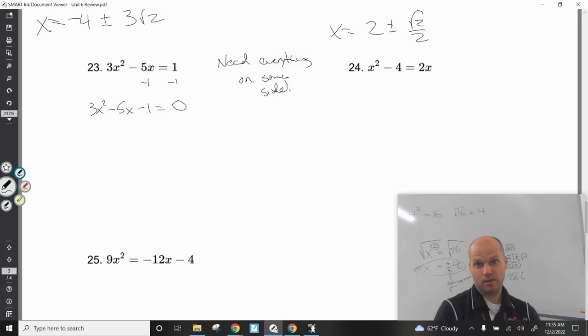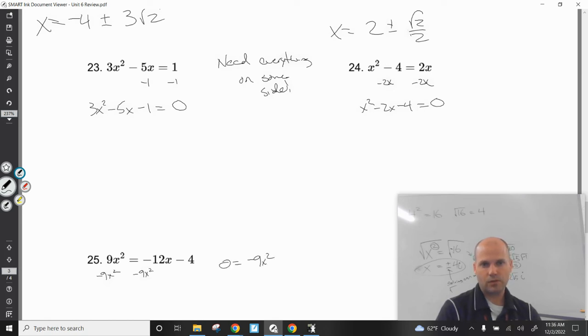It doesn't matter. Okay? Here, what would I do? I'd subtract the 2x, but I'd make sure I'd write it in what's called standard form, x squared minus 2x minus 4 equals 0. Here, if you want to, you could subtract the 9x squared. Make that easy on yourself. I'll do that because I've seen some people do that. Okay? Now, here we go.